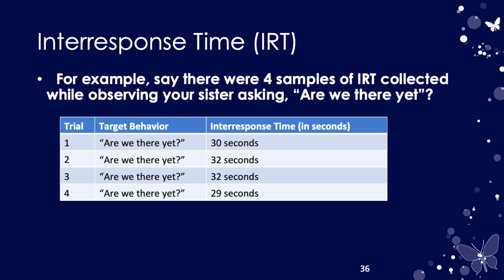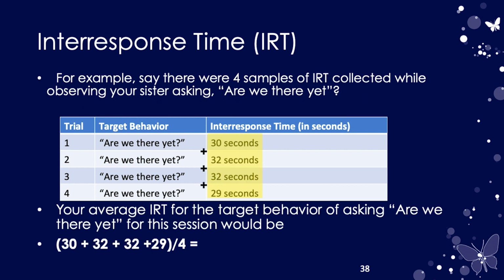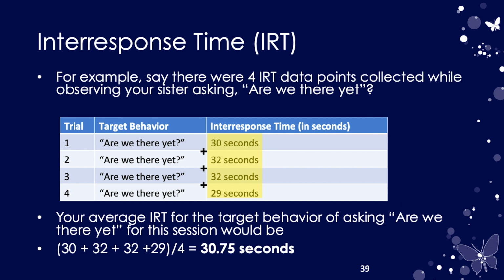Your average IRT for the target behavior of asking, "Are we there yet?" for this session would be 30 plus 32 plus 32 plus 29 divided by 4, which equals 30.75. The average IRT of your sister's asking behavior is 30.75 seconds.